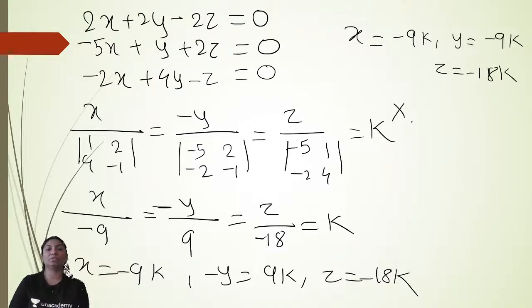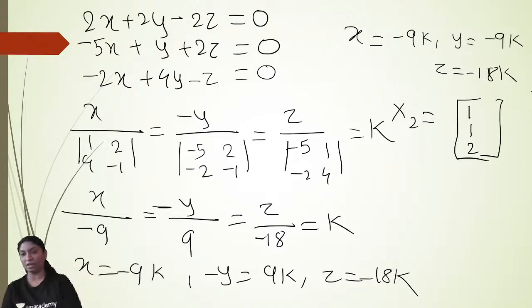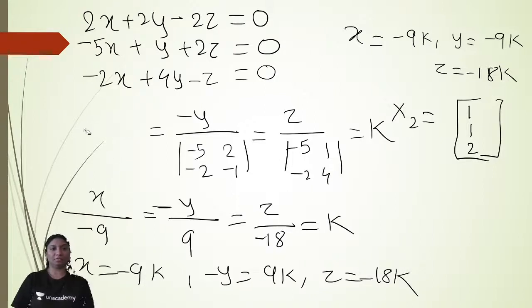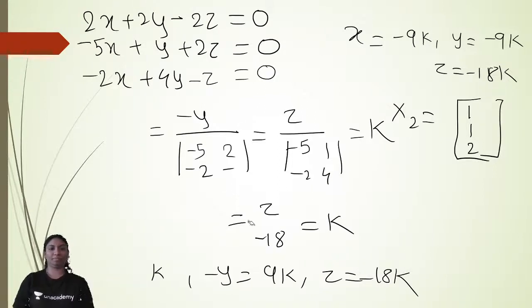If we take minus 9k common, we get the eigenvector x2 is equal to 1, 1, 2, corresponding to the eigenvalue lambda 2 is equal to 2. Now x3, we will get corresponding to the eigenvalue 5.